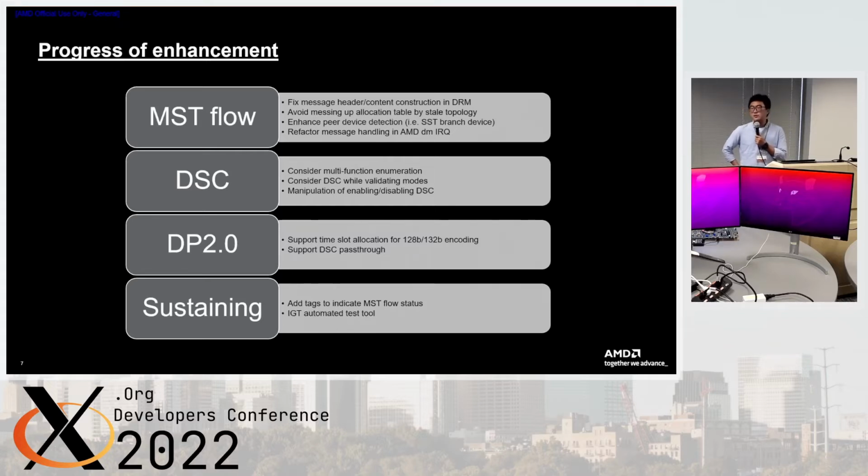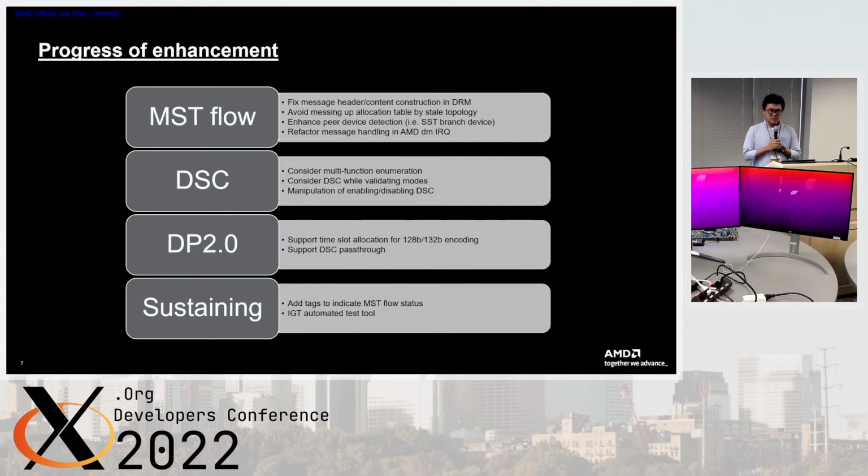As for DSC, which is a key feature for enabling multiple high resolution modes in MST scenarios, we were trying to have better compatibility with different MST hubs, because some MST hubs don't follow the DP spec.